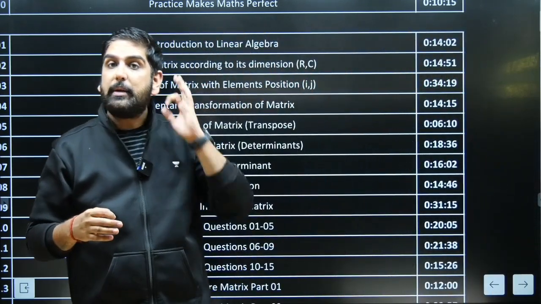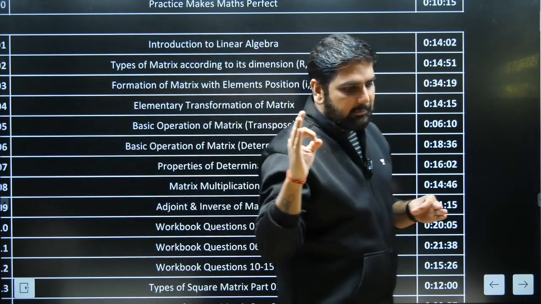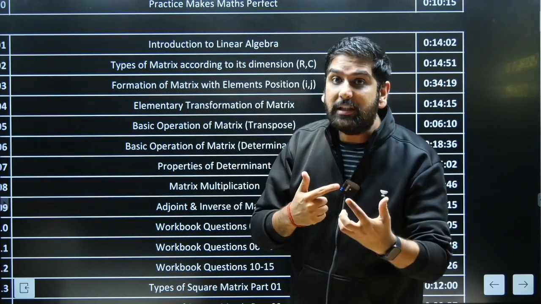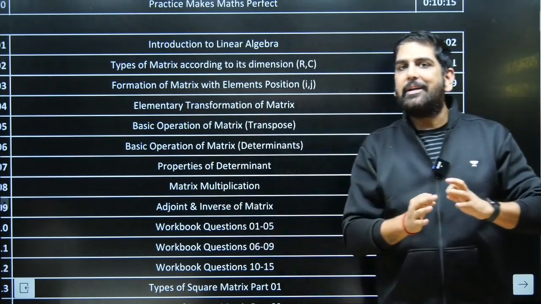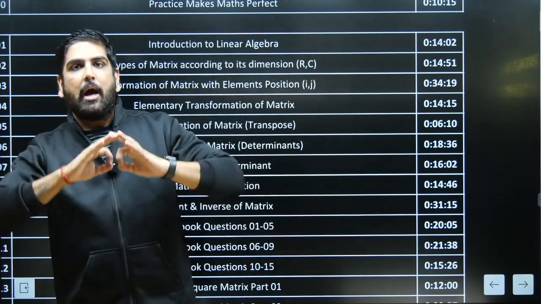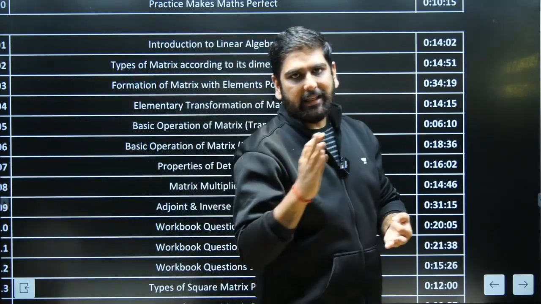These topics are really important. In our GATE syllabus it is not mentioned directly, but indirectly yes, matrix algebra, that means complete analysis of matrices.